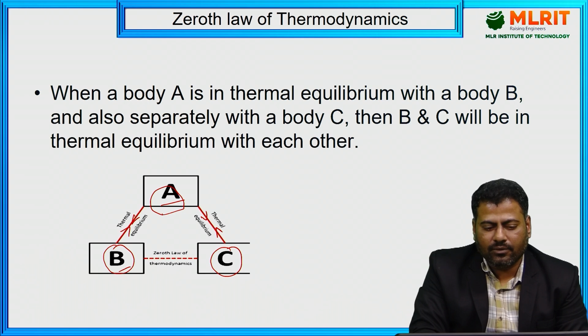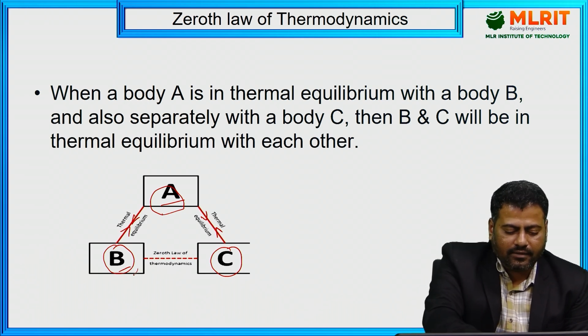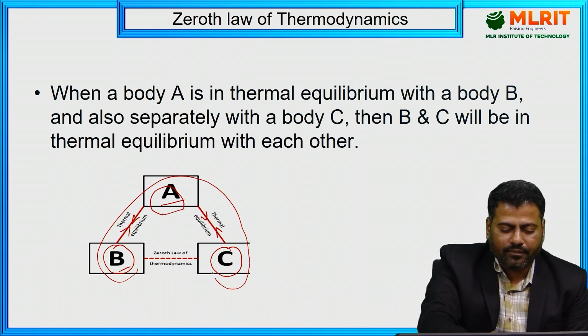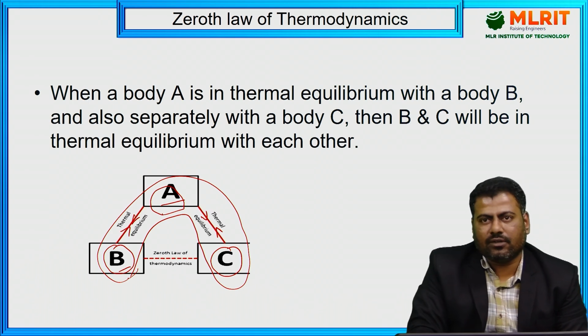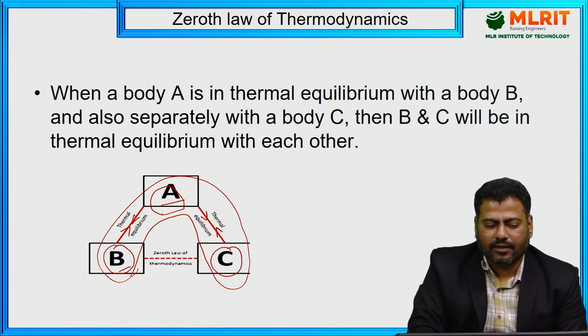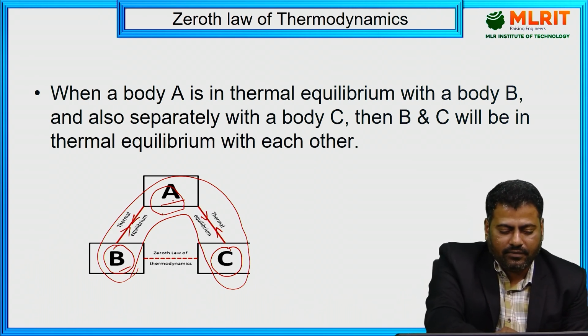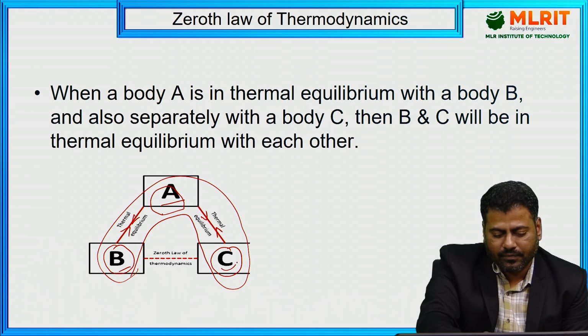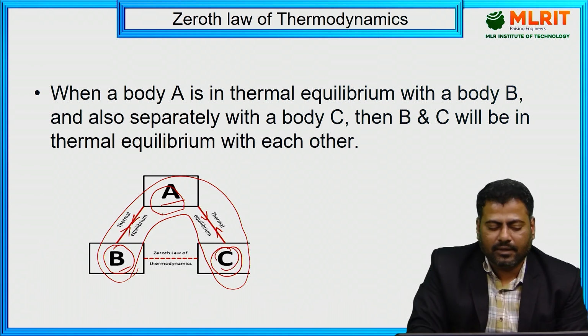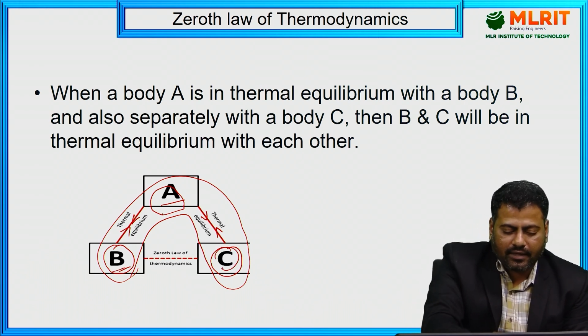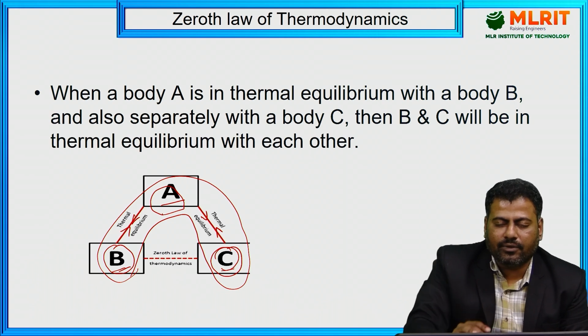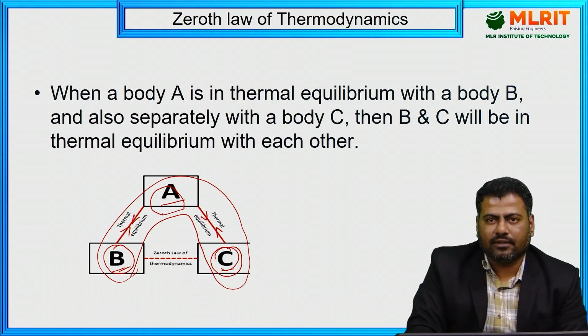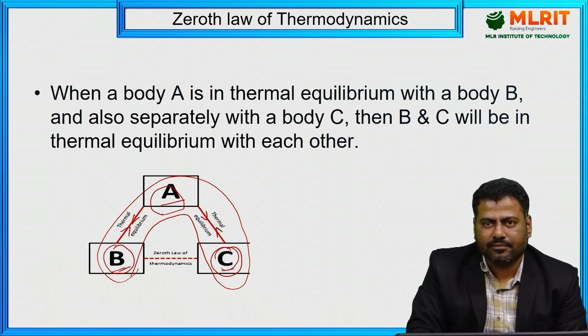Even so, all three systems will attain thermodynamic equilibrium. That is the zeroth law. A is separately in equilibrium with B, and separately with C, but B and C will also attain the same thermal equilibrium.